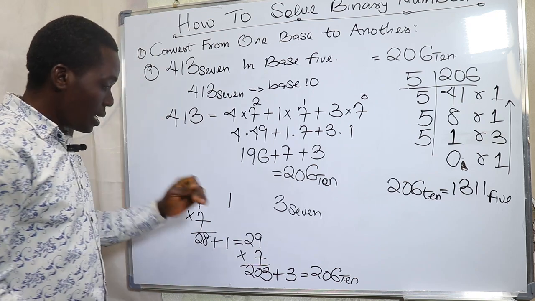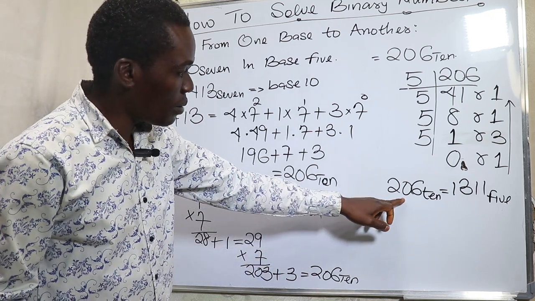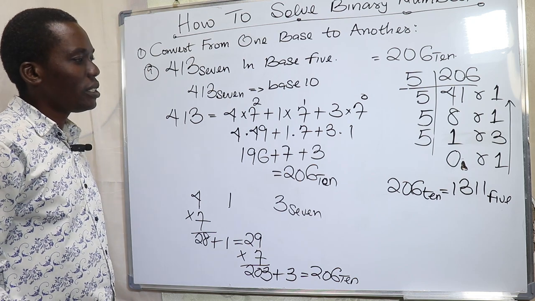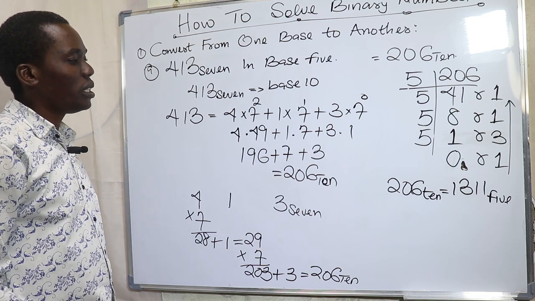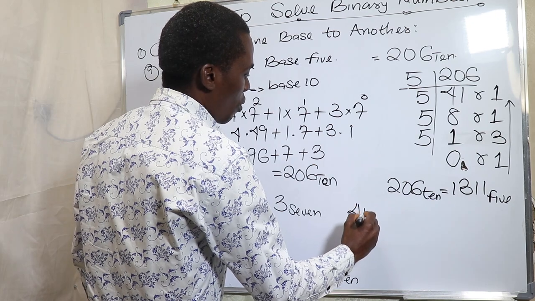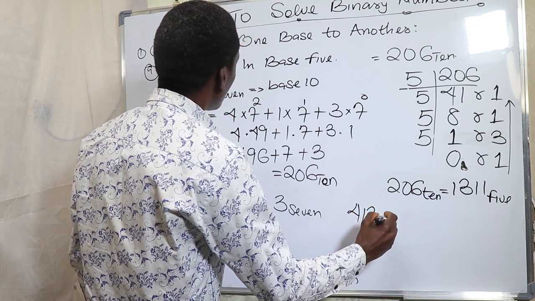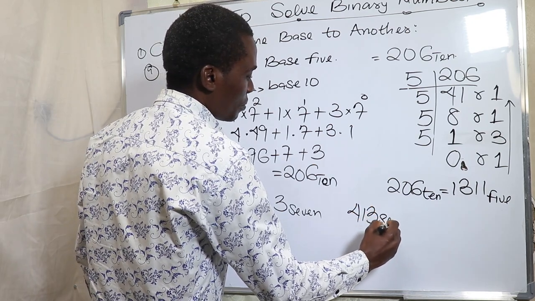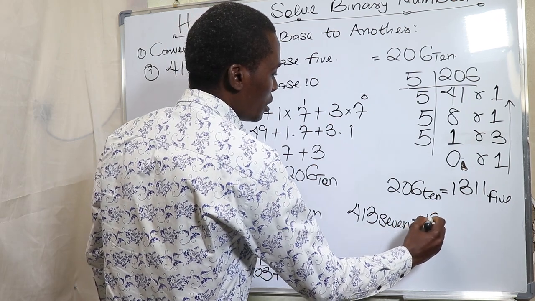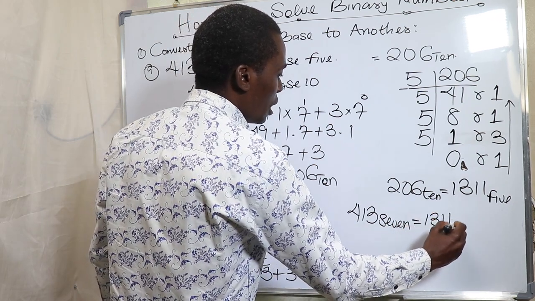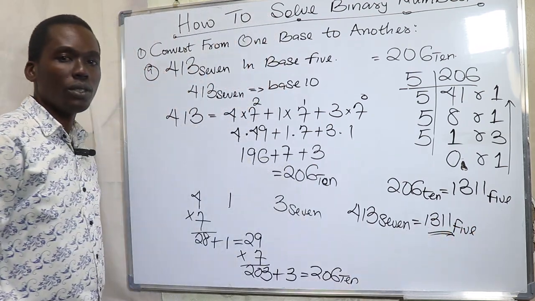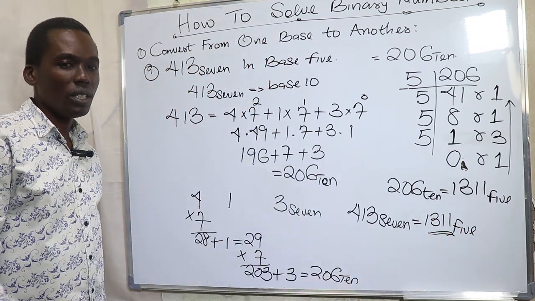So with that we have finally succeeded in converting 206 in base 10 to 1311 in base 5. So finally we can say 413 in base 7 is equal to 1311 in base 5. And this is the solution to that question given to us.